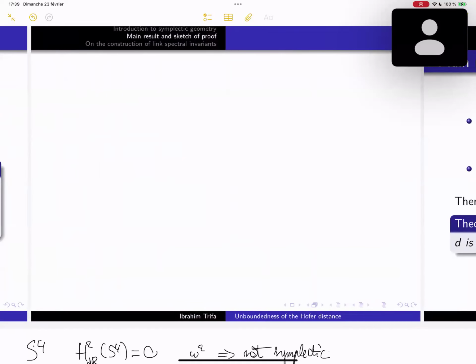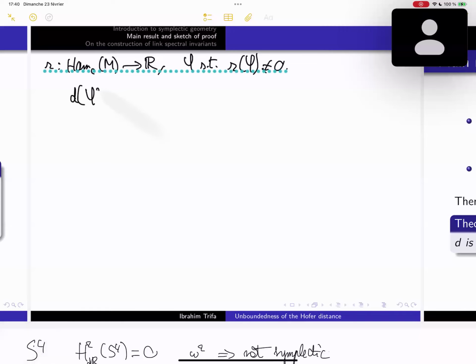So suppose we have such a quasimorphism R from Ham_c(M) to R, and we made the assumption that it's non-vanishing, so there exists some phi such that R of phi is non-zero. And what we claim is that the distance from phi to the n of L0 and L0 goes to infinity as n goes to infinity.